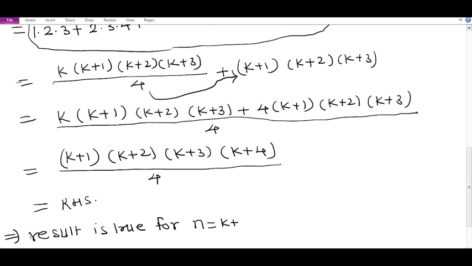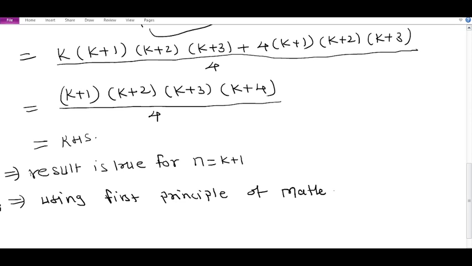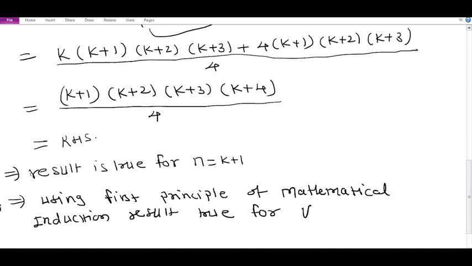Hence, by using the first principle of mathematical induction, we can say that the result is true for every positive integer.